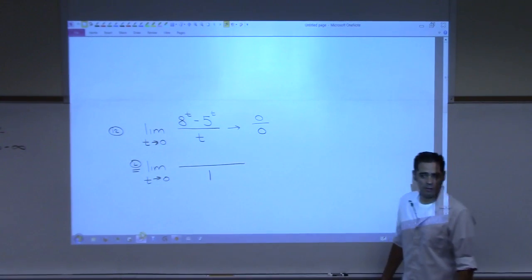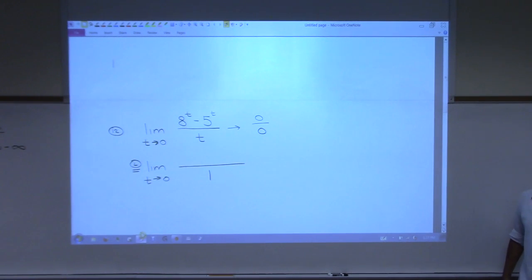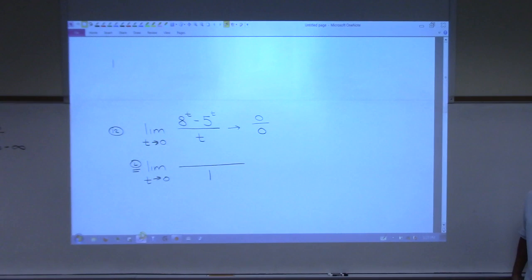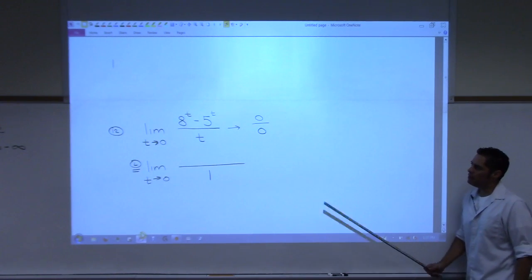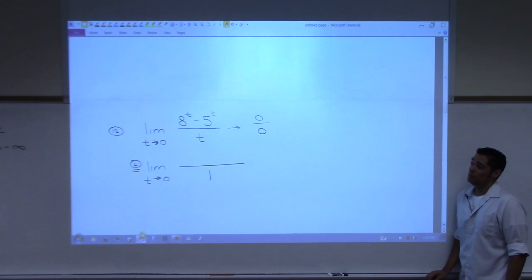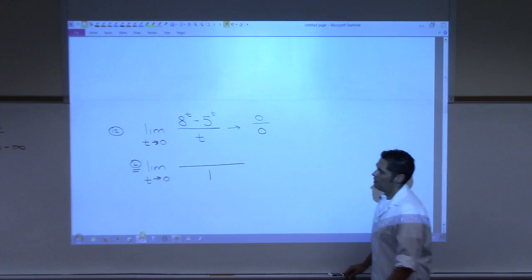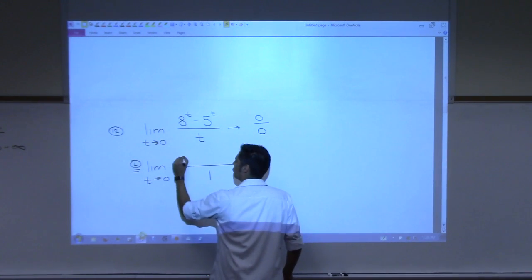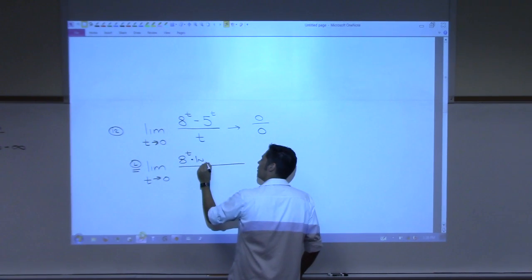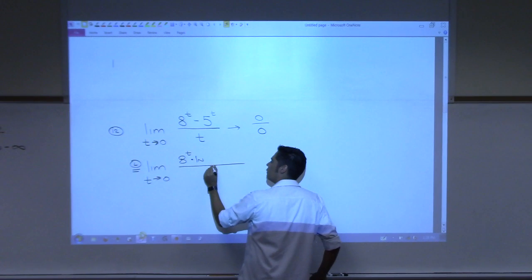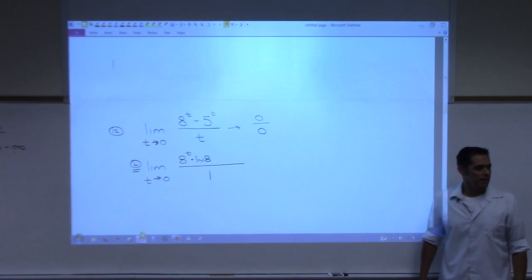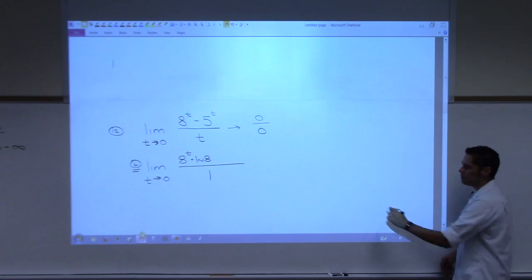The bottom's easy, right? Derivative of t is 1. We're differentiating with respect to t because t is the variable, right? So how about the top, though? What's the derivative of 8 raised to the t? 8 raised to the t, ln, good. ln 8. Natural log of 8. Remember, that goes back to this formula.